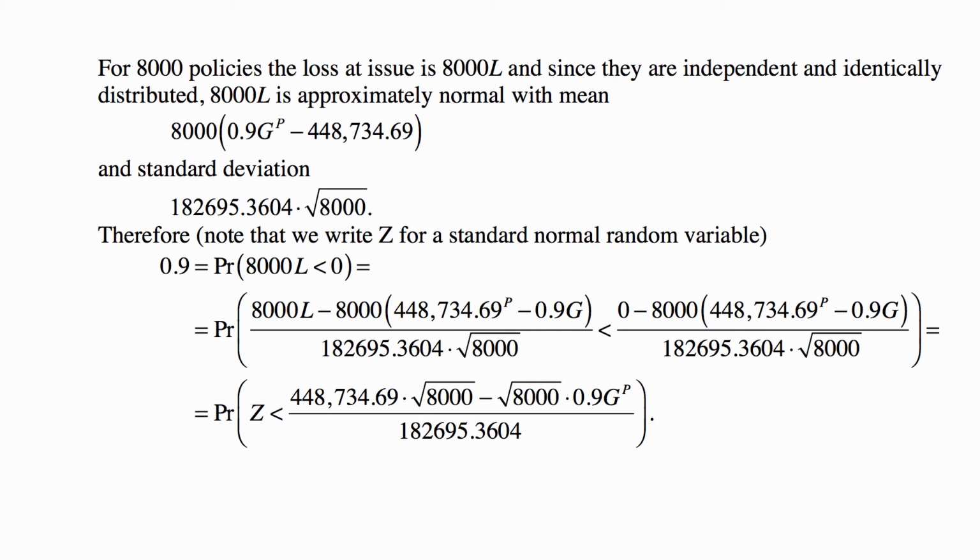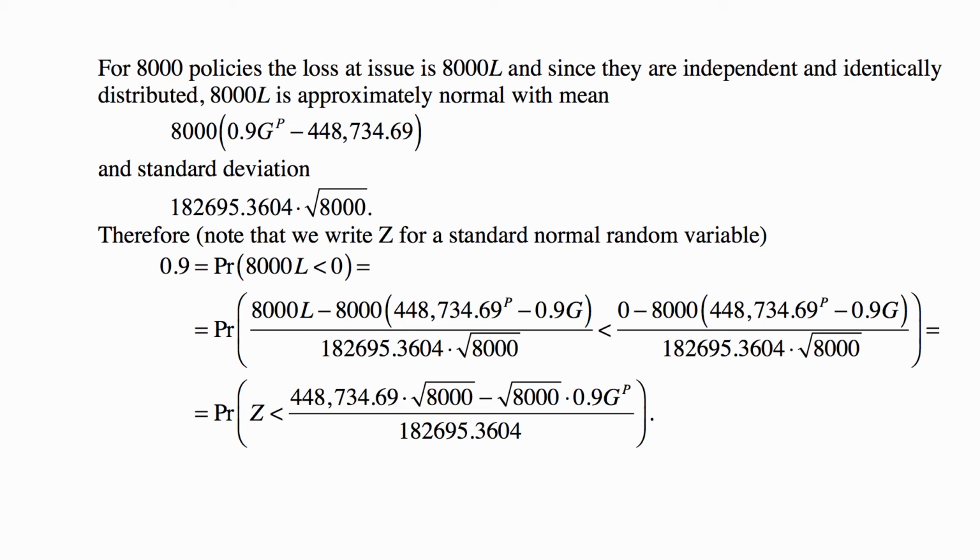Okay, this Z is the standard normal random variable that replaces the left-hand side, because we say 8,000 L is approximately normal, then 8,000 L minus its mean divided by its standard deviation is approximately standard normal. And what's the probability that Z is less than something? Well, that's the cumulative distribution function of the standard normal.